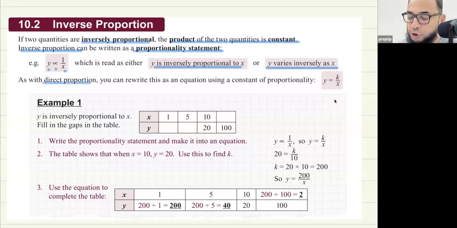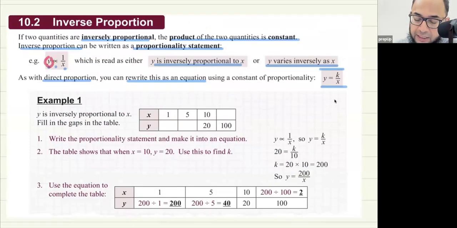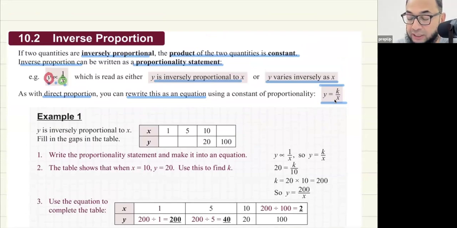As with direct proportion, you can rewrite this as an equation using a constant of proportionality. Now, first of all, the thing that we need to focus on is that if one thing is in the numerator, the other thing is in the denominator. That is the main thing. So let me write this over here, which the author has not written.